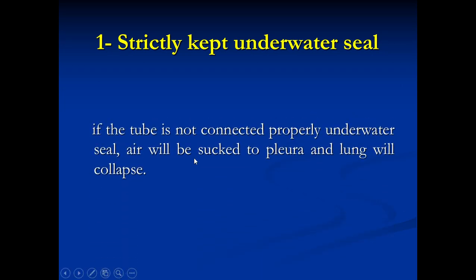If the tube is not connected to a proper underwater seal, air will be sucked into the pleura and the lung will collapse. Why? Because the intrathoracic pressure is negative. So if it's not connected to the underwater seal, it will suck air inside the pleural space, cause pneumothorax, and the lung will collapse.